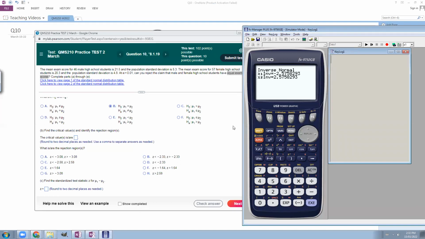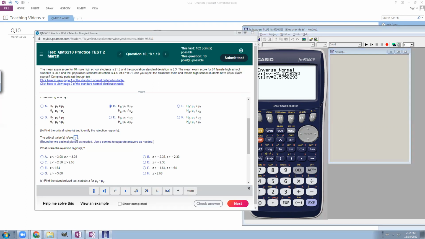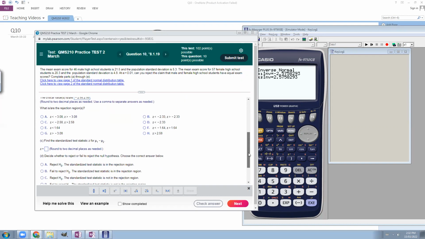Now they want two decimal places, so 2.58. So we get negative 2.58, comma 2.58. We're using a comma to separate answers. We're reading carefully and doing the correct number of decimal places. We're not going to make any silly mistakes on rounding.